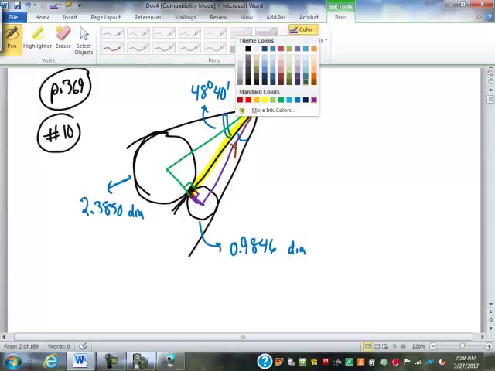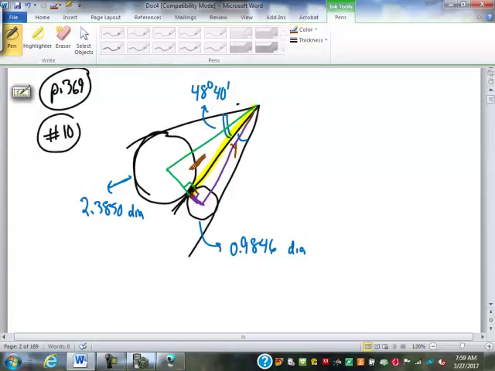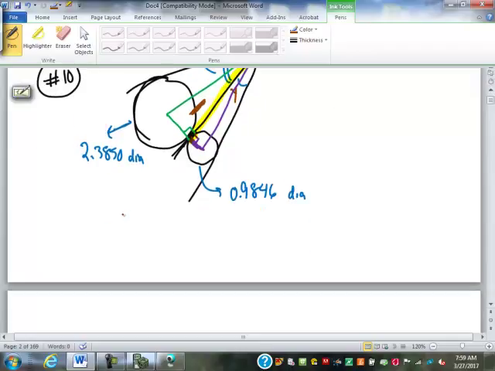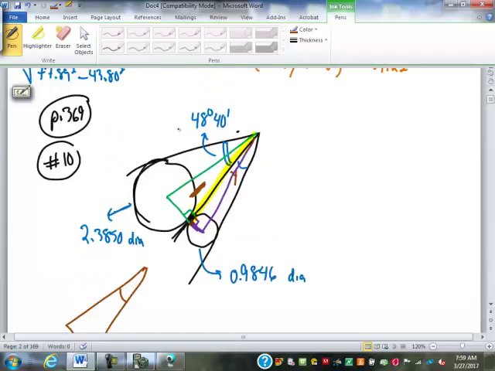So I'm going to start out with this triangle right here. I'm going to redraw it. This is my right angle. What I know here is this angle here is half of this angle.